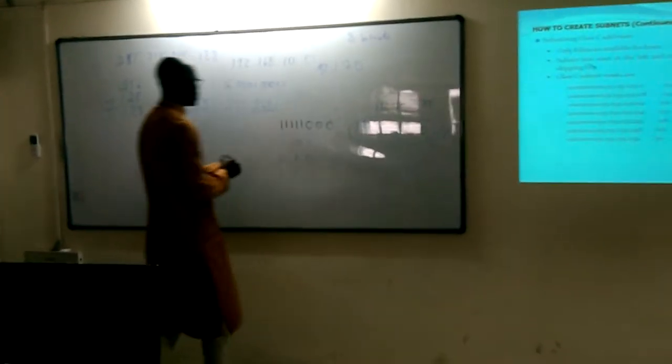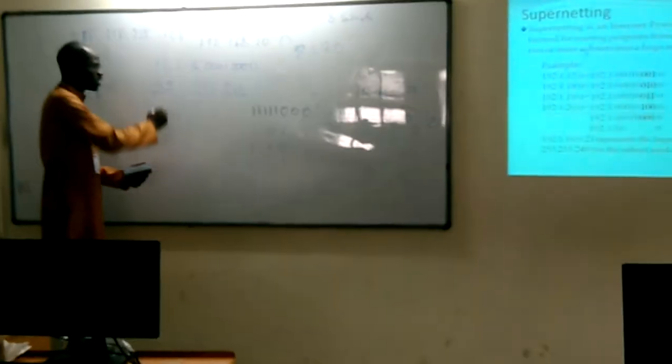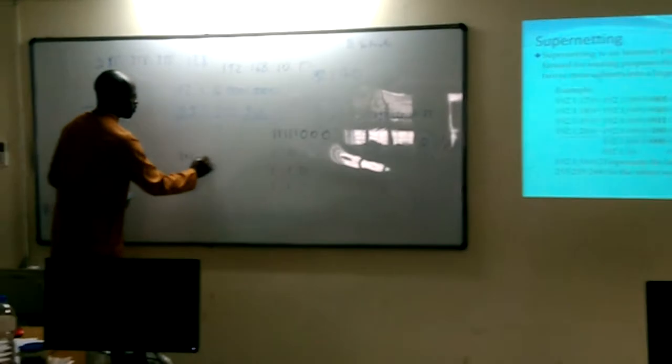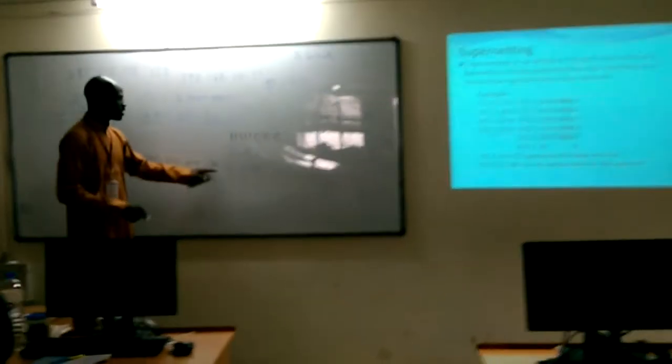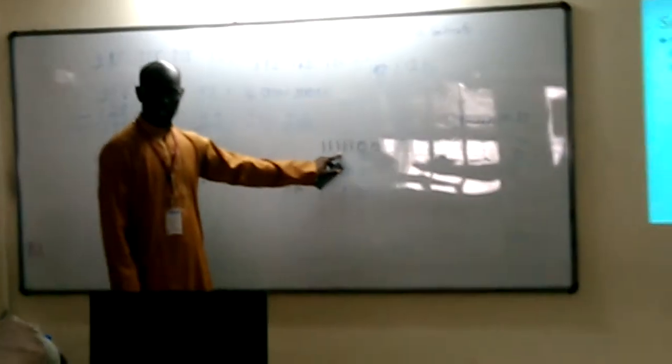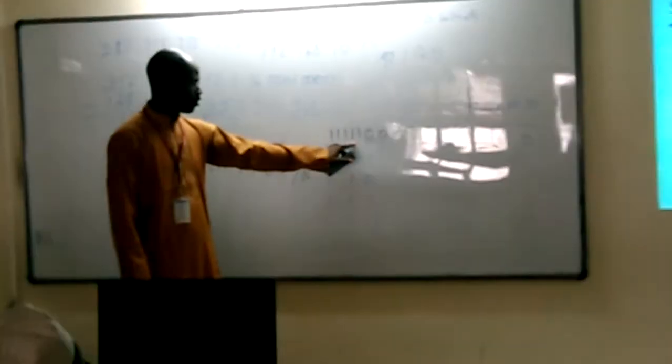It's okay? It's okay. Now, here, the default subnet mask is 255.255.0.0, right? Okay. From 16, you count here for this part: 17, 18, 19, 20, 21. That's why 21 for CIDR value.